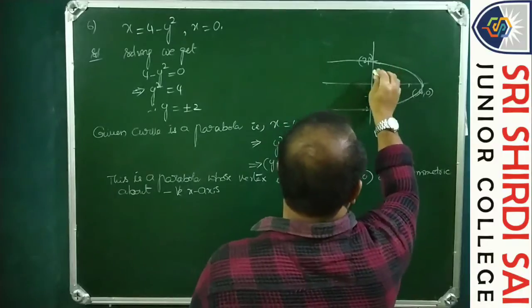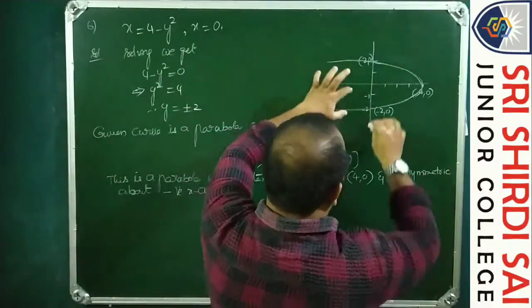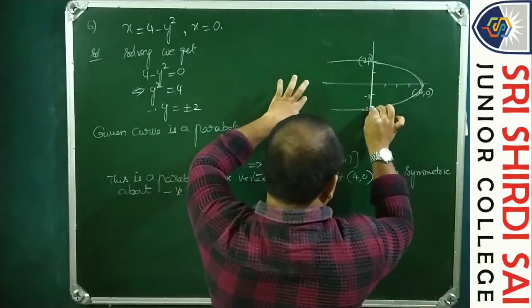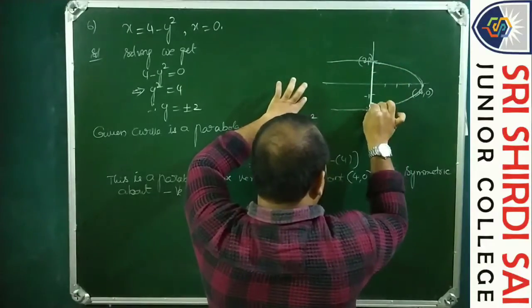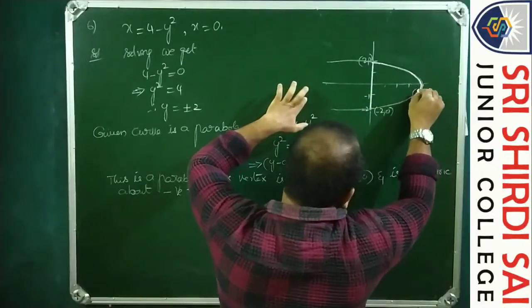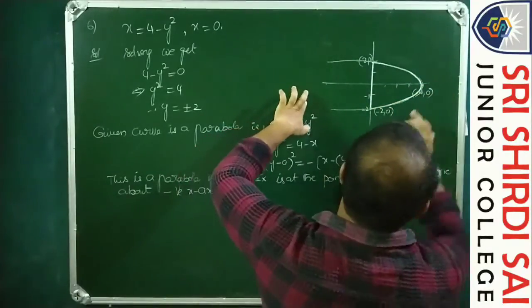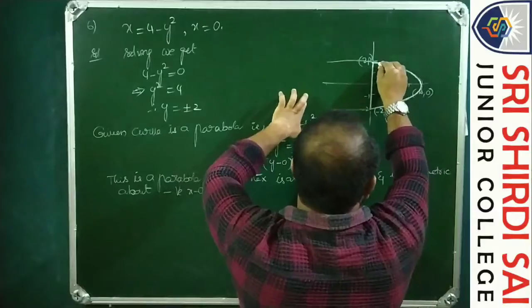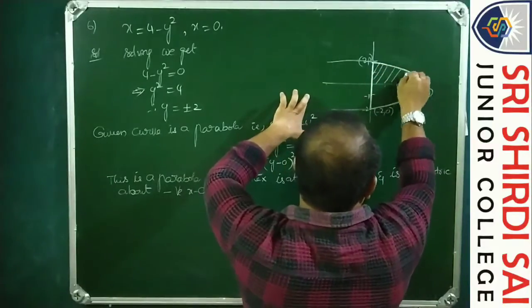Okay, so x equals 0 is the y-axis. So this is the y-axis, and this is the parabola. So this area is what we are required to find out.